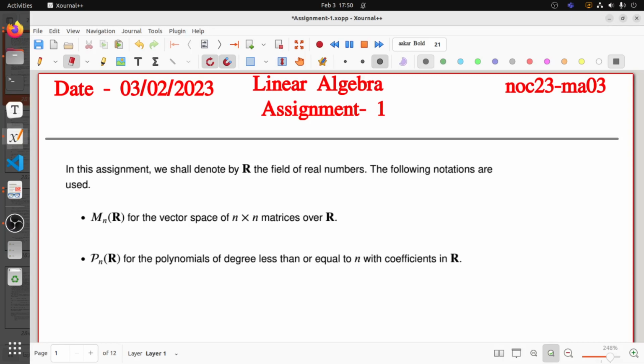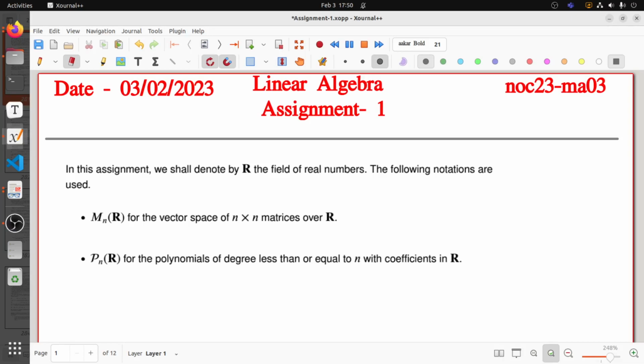If you have any doubt, you can stop me and ask a question. So what is this assignment saying? We will always denote by R the field of real numbers. All this was done in the lectures. M_n(R) is the vector space of all n cross n matrices over R.